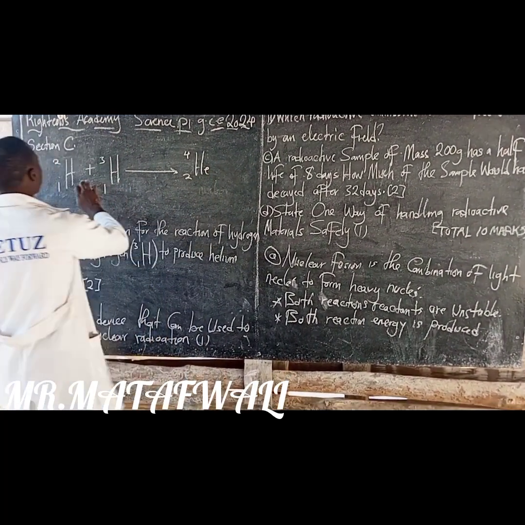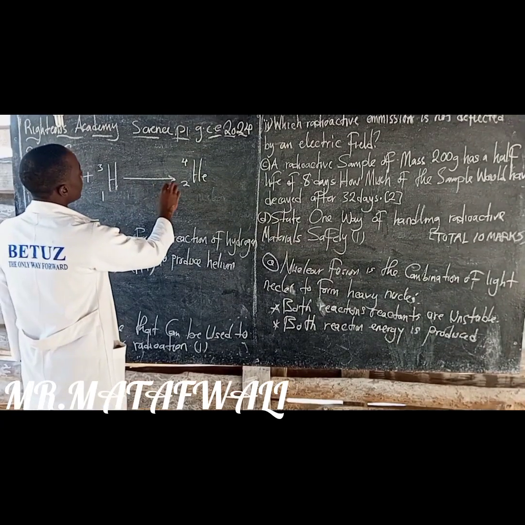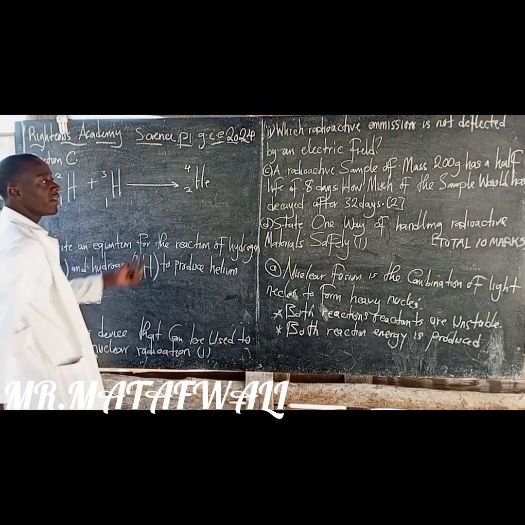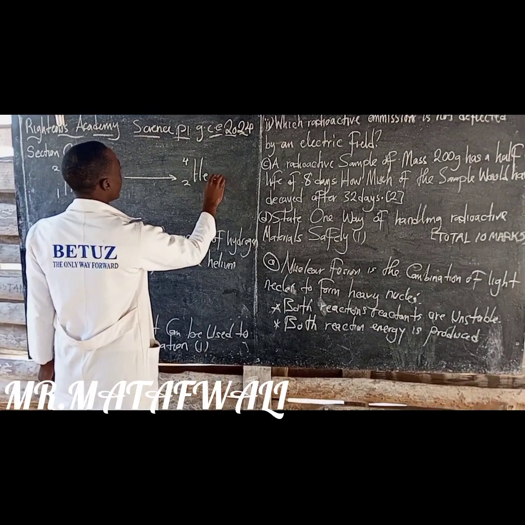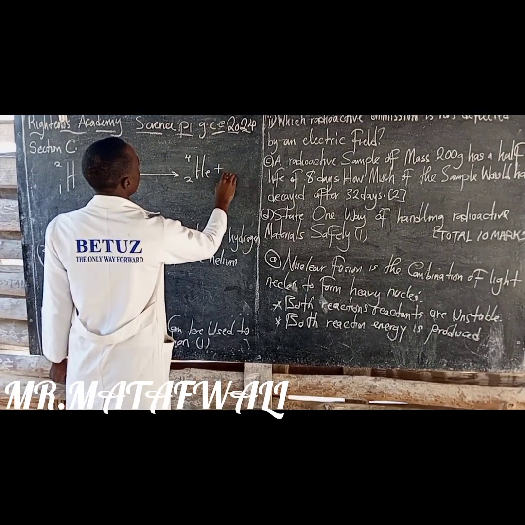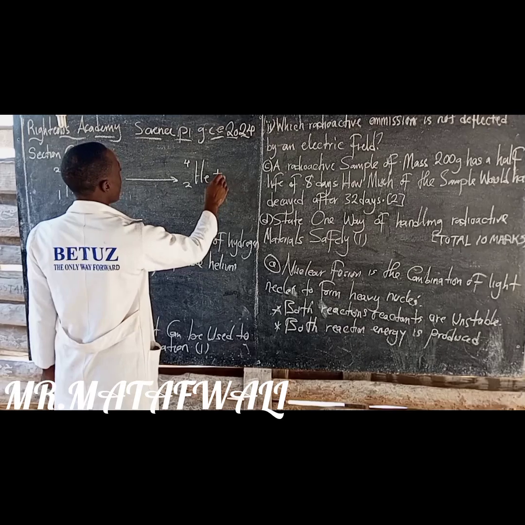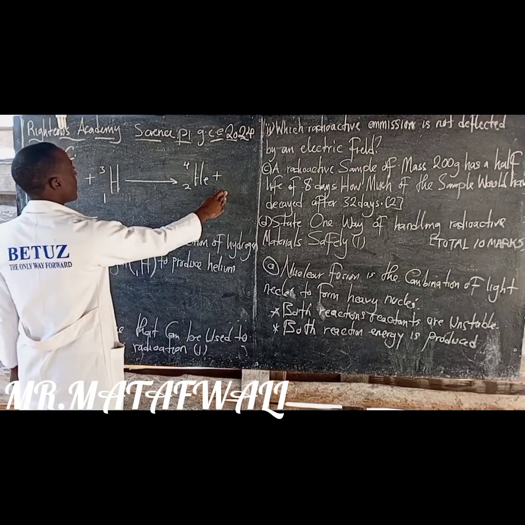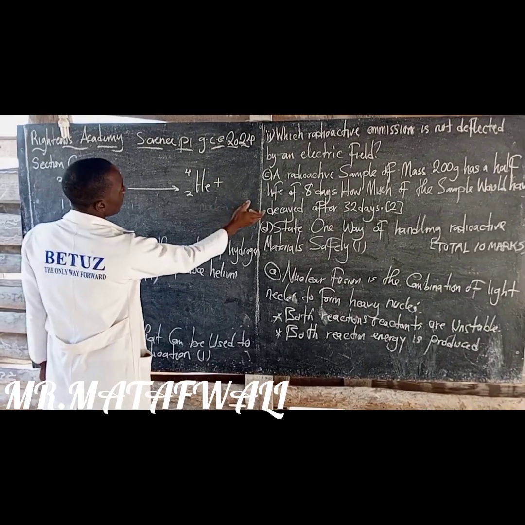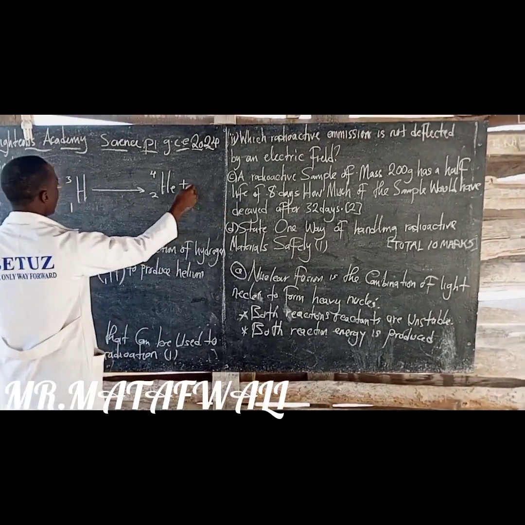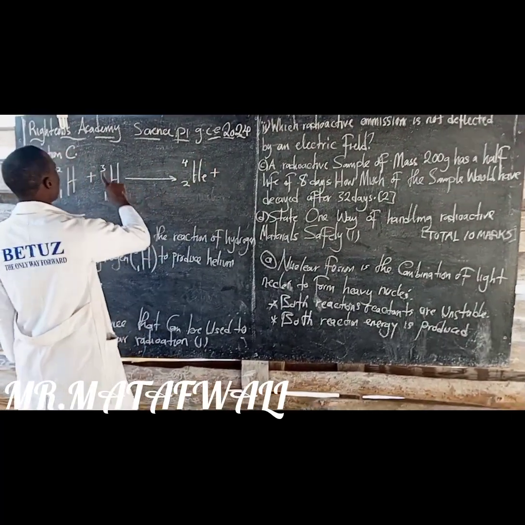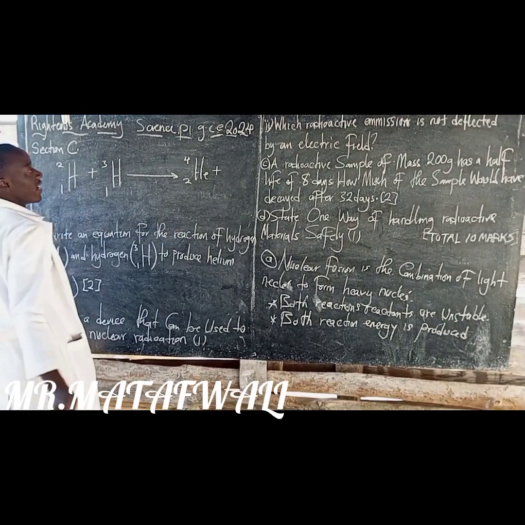And for this reaction to take place, there is need for a fast moving neutron. So we are supposed to show the fast moving neutron. So this side we are going to have a fast moving neutron, because when you see this reaction coming from this side, there is need for a fast moving neutron to break down helium to produce these two hydrogens.